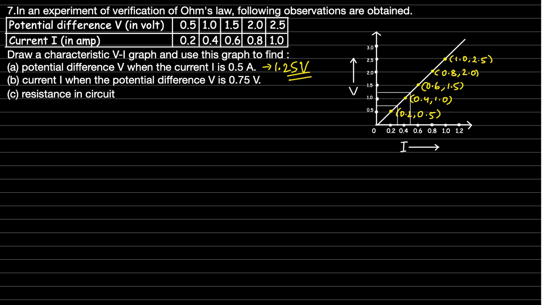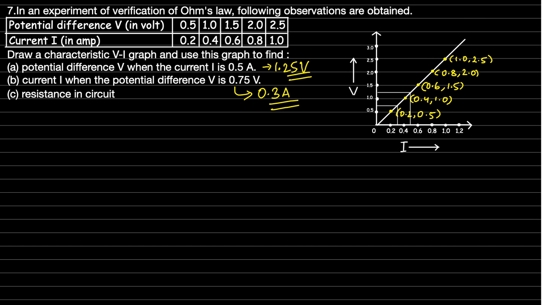So when we come down, we reach exactly in between 0.2 and 0.4. So it is at 0.3. So the current is 0.3, and since it is current, it will be amperes. So we have got the current as 0.3 amperes and the potential difference as 1.25 volts.